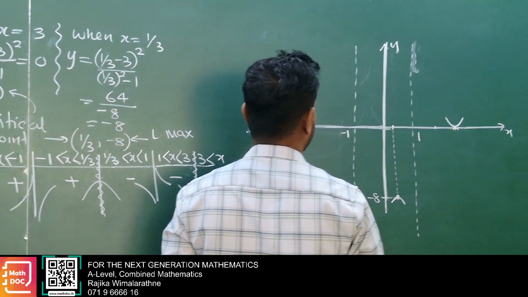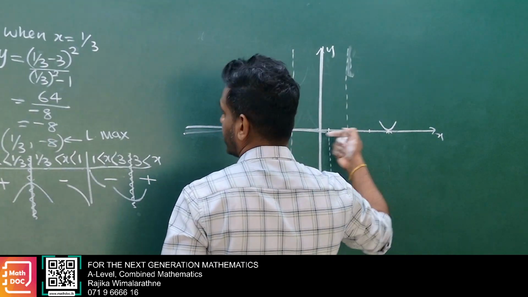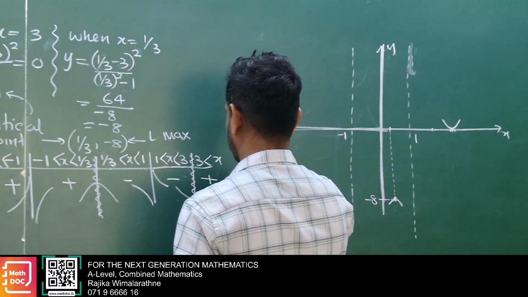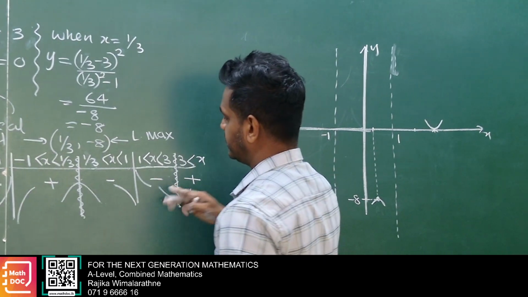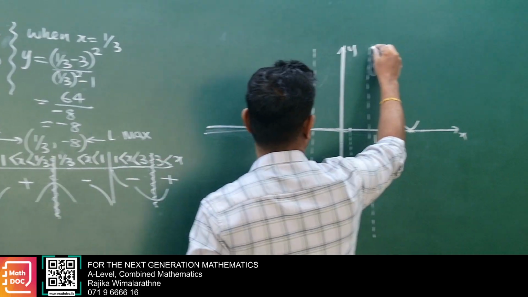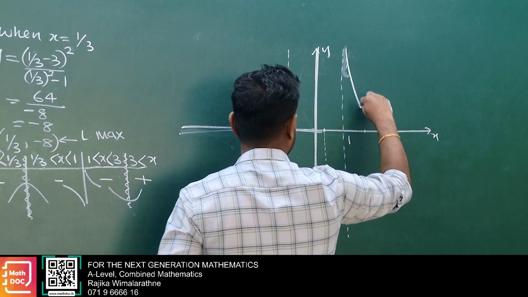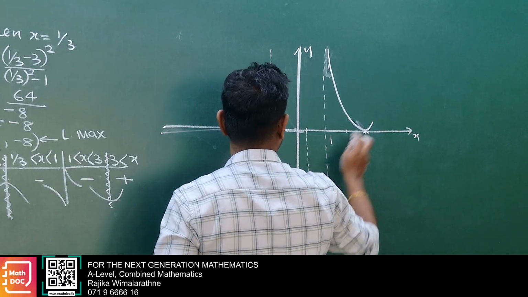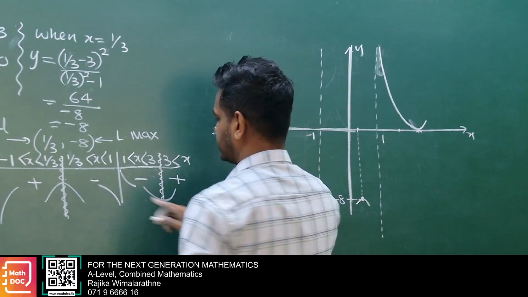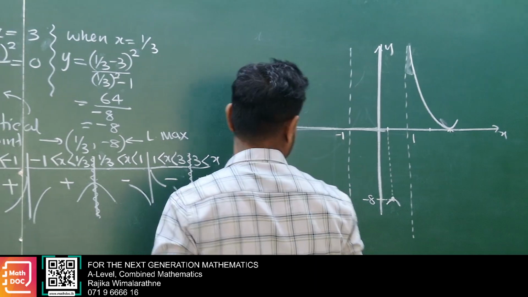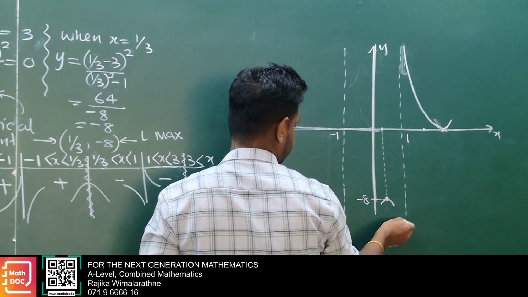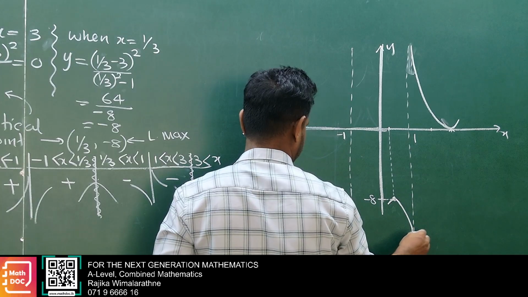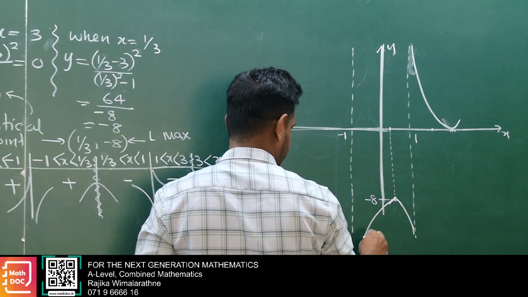Now, when x goes to the 1 plus side, here we have to touch this way, then match this graph. On the 1 minus side, here minus infinity, then you touch this axis, match this shape, and again you match this one.